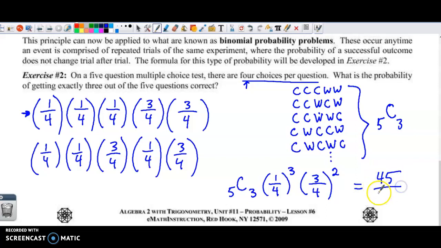That's your probability of just randomly guessing on a 5-question, 4-choice, multiple-choice test, and getting a 60%, or 3 out of 5 correct.